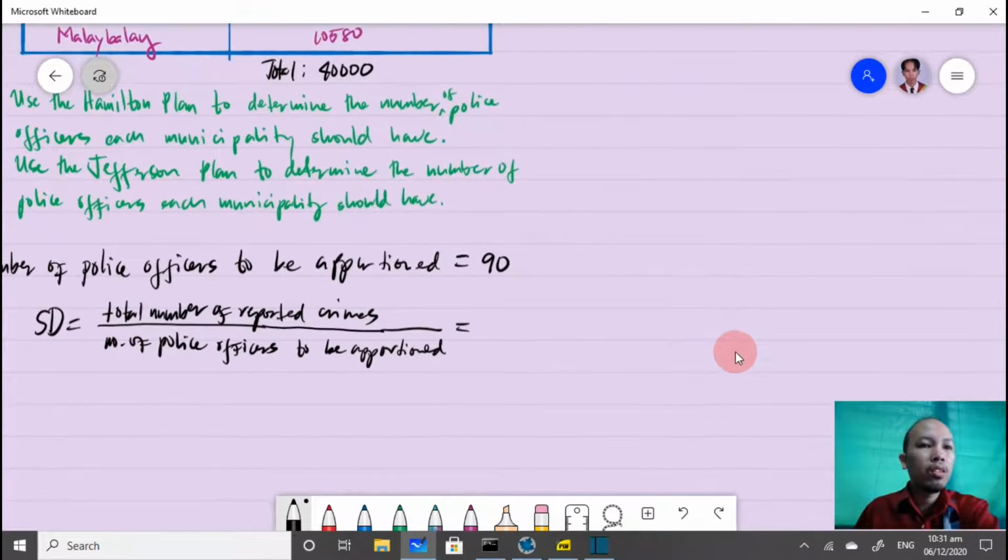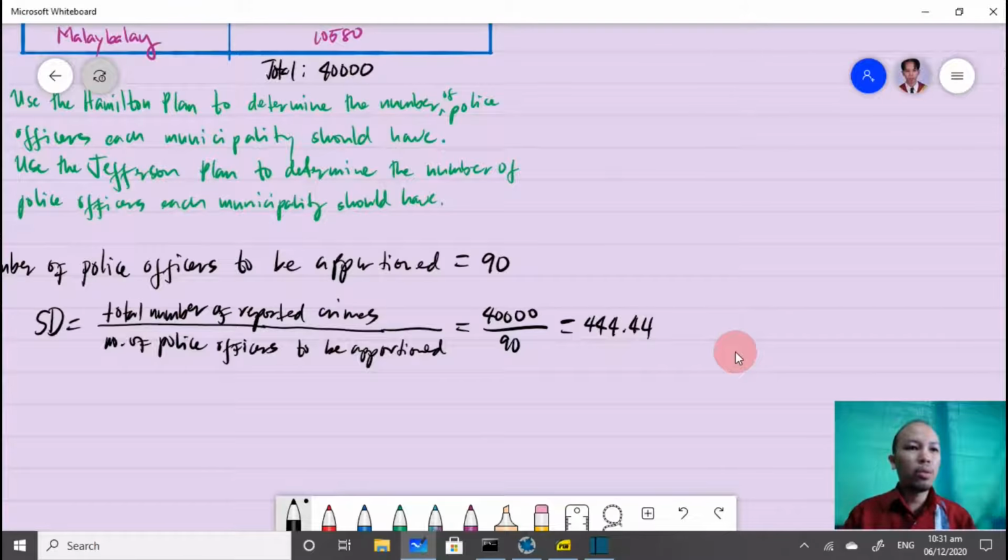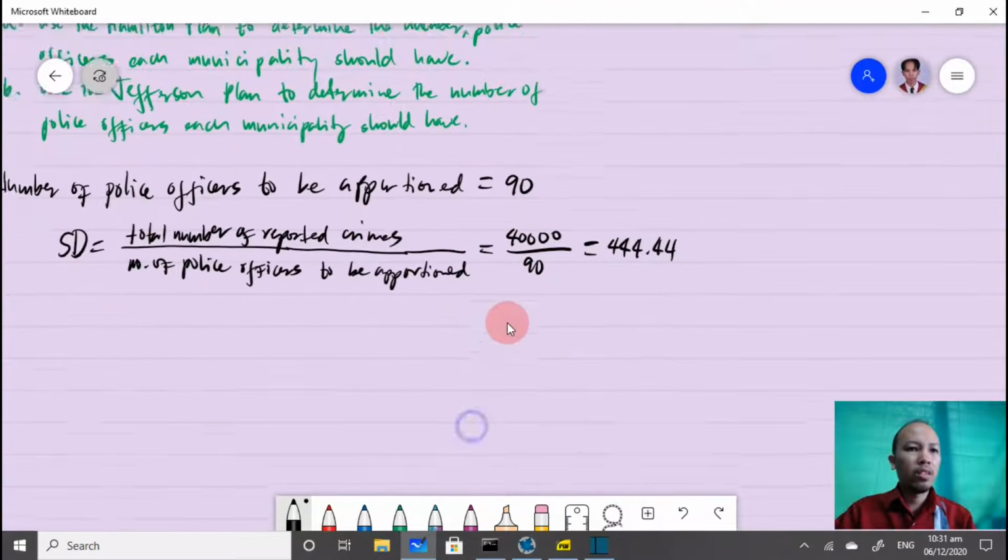Just add, use your calculator. So we have 40,000 divided by 90. The value is 444.44. Use 2 decimal places.